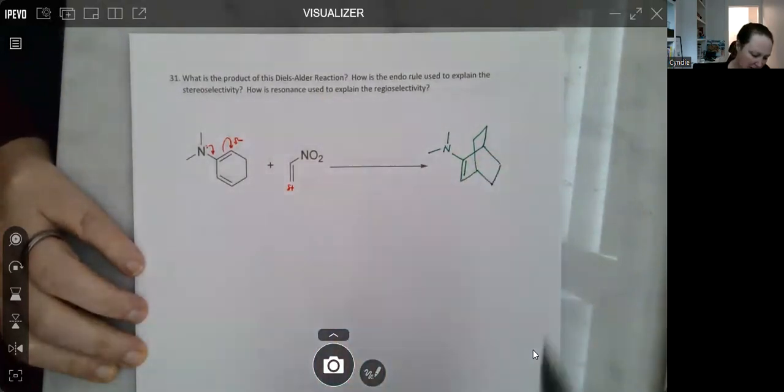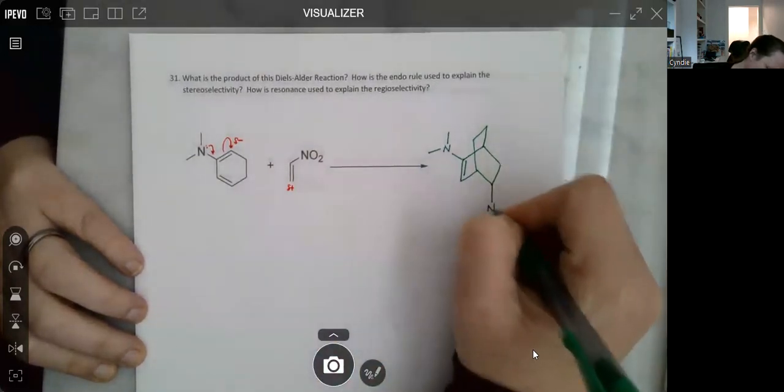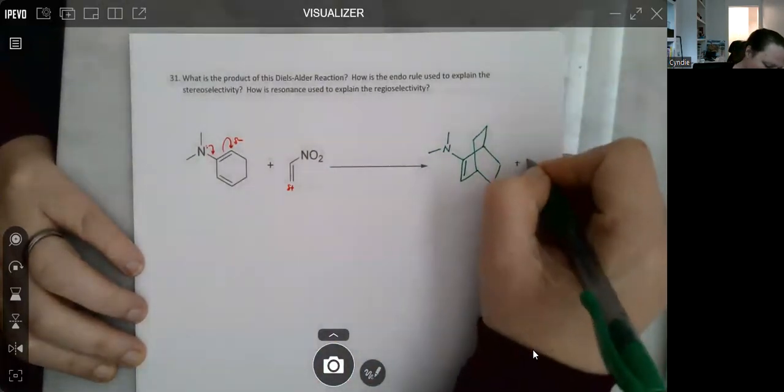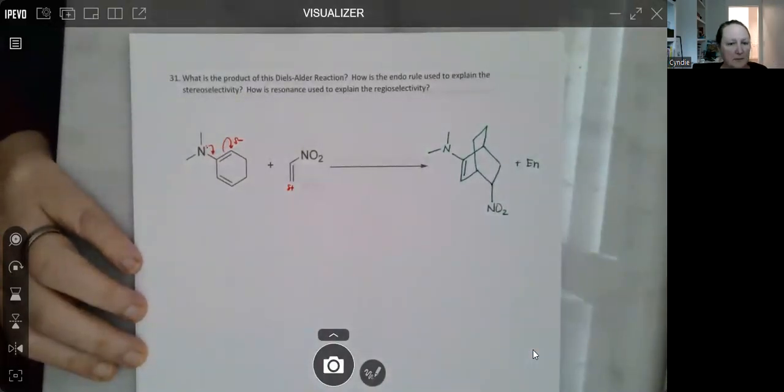And because of the endo rule, we're going to draw it pointed down. Okay, and there's no plane of symmetry here, so we're also going to form the enantiomer from the top approach of the dienophile.